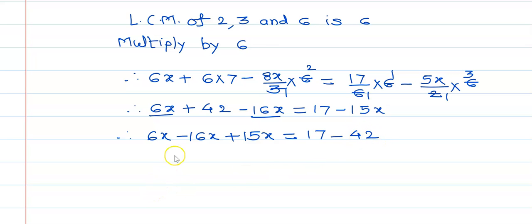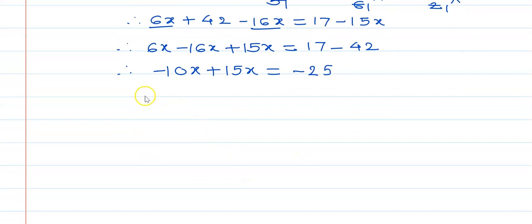Now next, here 6x, you will get minus 10x plus 15x. And what about here, subtraction? Plus 17 minus 42, you will get minus 25. Now here minus 10x and plus 15x, therefore you will get 5x, and that's equal to minus 25.